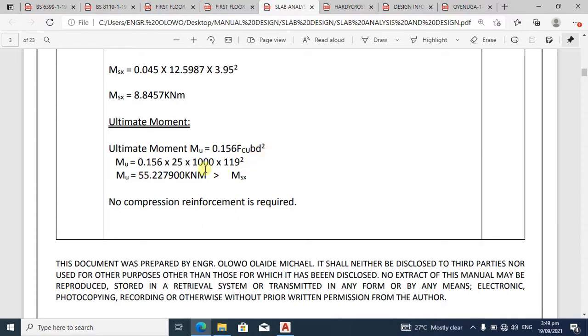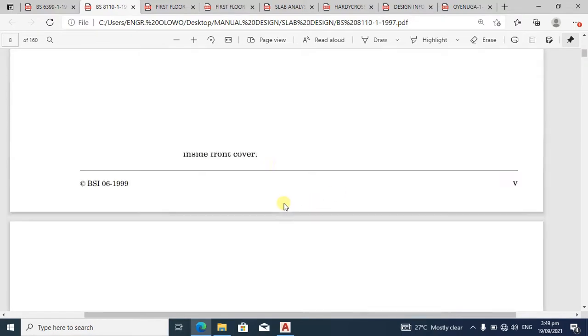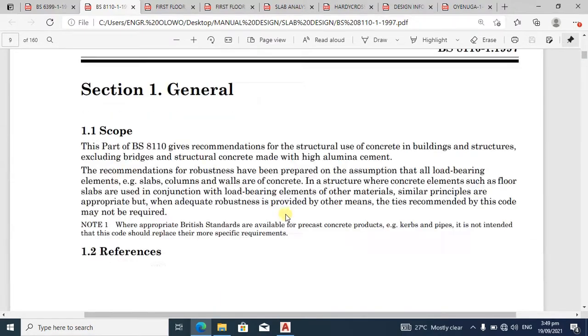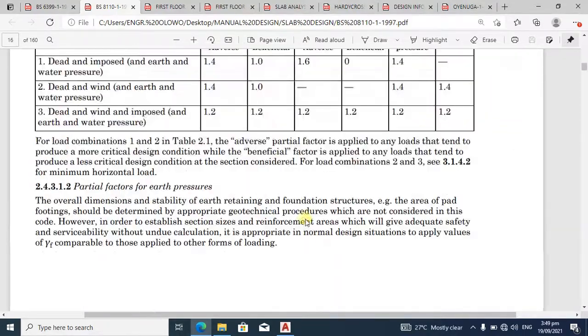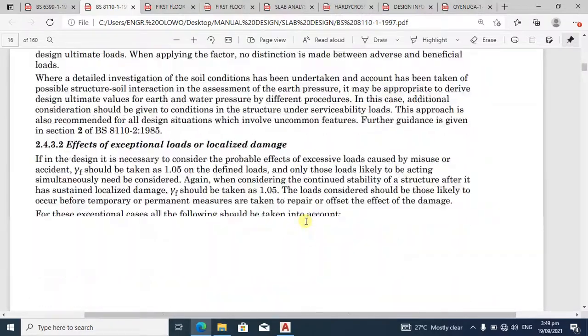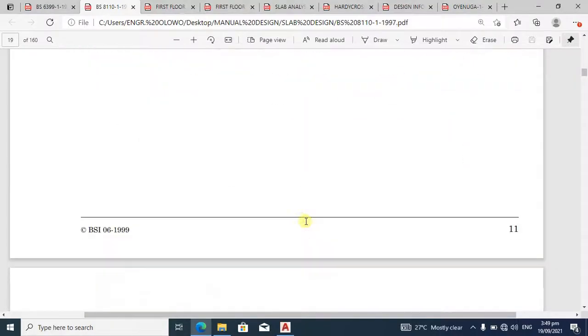From here we are going to calculate also our ultimate moment, and this is the formula: 0.156 FCU BD squared. FCU is the characteristic strength of our concrete. Now remember this table 3 point... Let's go to the table. There's a particular table we saw when we were trying to get the value for our cover.